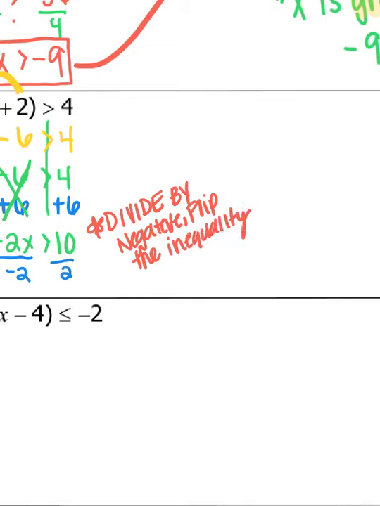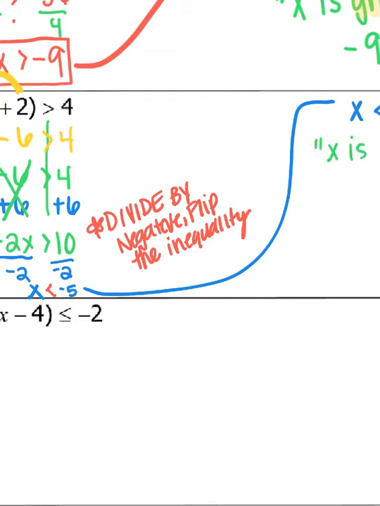So now we're going to say that x is now less than, and we're dividing by a -2, so it's less than -5. So let's go ahead and put this up here just so we can see it. X is less than -5. I'm going to write this in words.